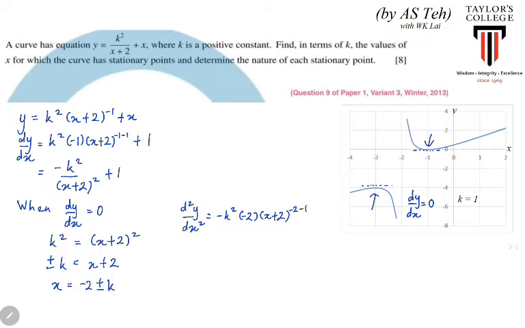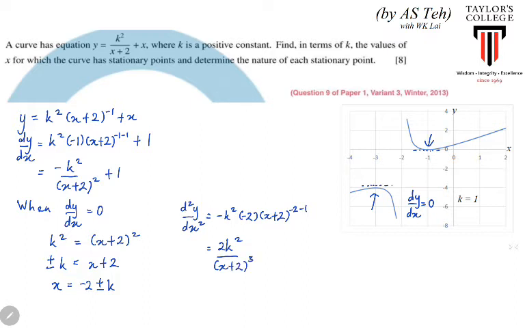While I have a constant added, differentiation of a constant will give me 0. So then this becomes 2k squared over (x plus 2) to the power of 3.